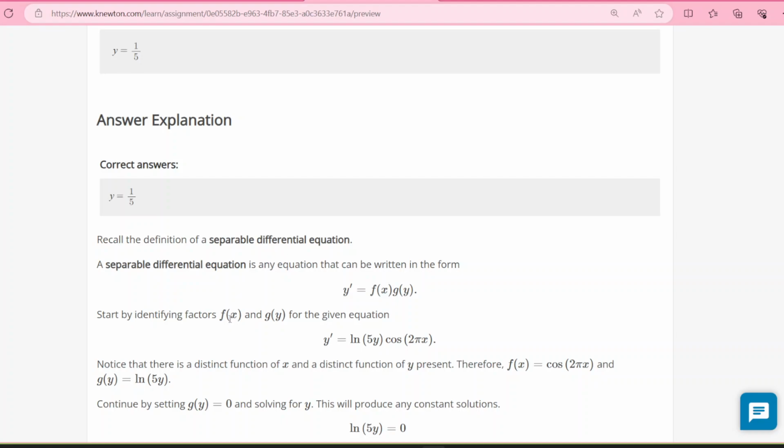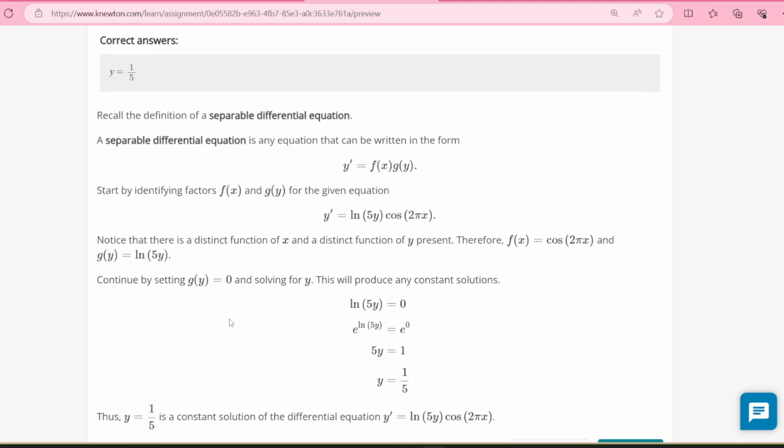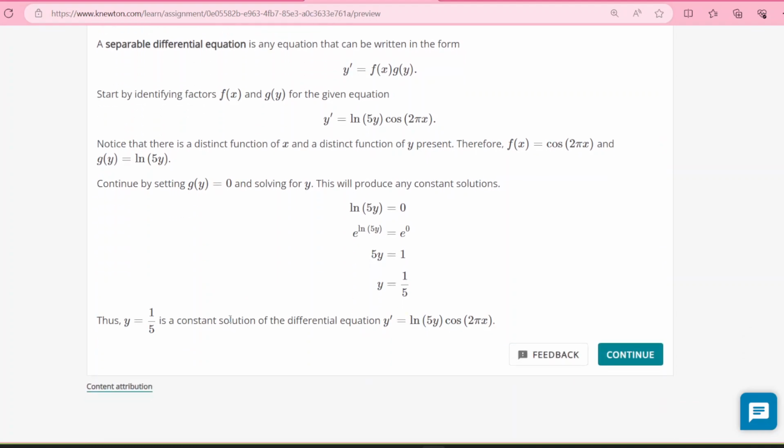If you got it right, maybe the answer explanation will have some information that you like better. They did it in a different way that you might try for future problems. Now, if you got it wrong, definitely read through the answer explanations and try to figure out where you went wrong. And hopefully that'll help you with future questions like that.